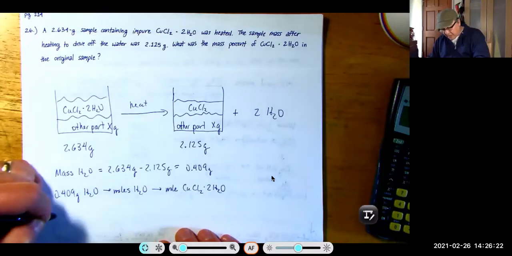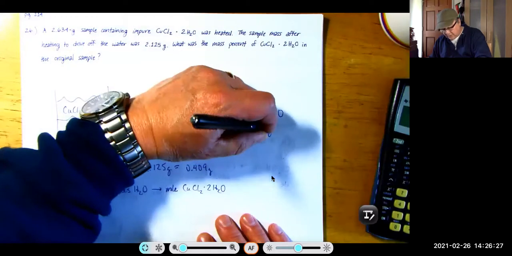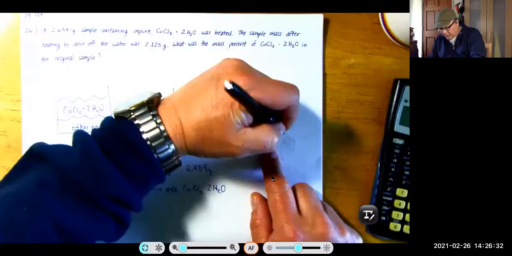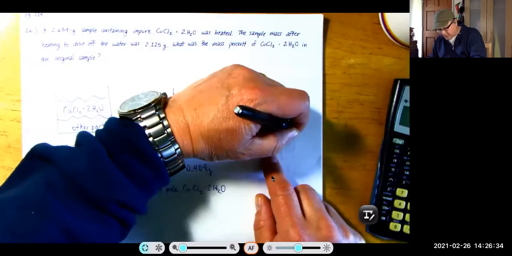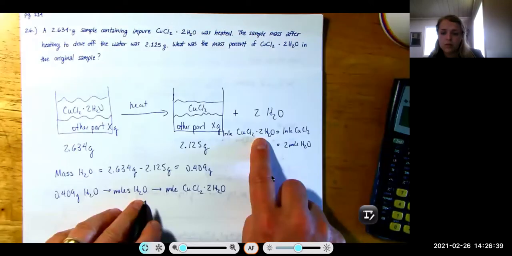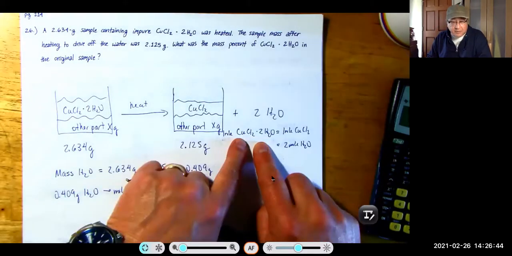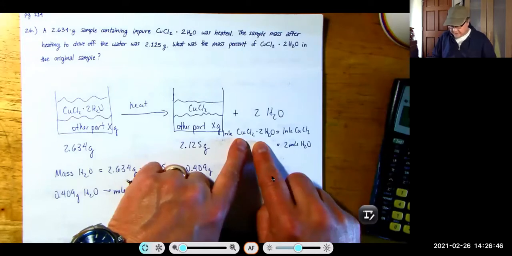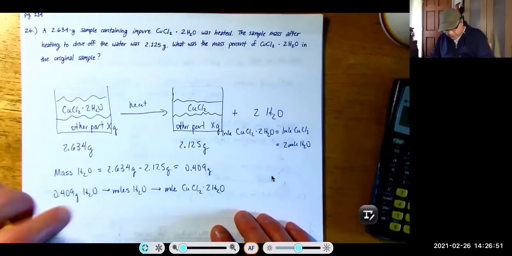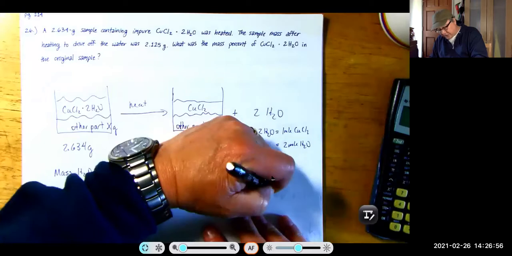If I write copper 2 chloride 2H2O, 1 mole, does that mean that's equal to 1 mole of copper 2 chloride and 2 moles of H2O? Yeah. So that means if I know how many moles of H2O, I can figure out how many moles of copper 2 chloride. Are you with me there? Yeah. And then if we have the moles of copper 2 chloride, can we get the grams of copper 2 chloride dot 2H2O?